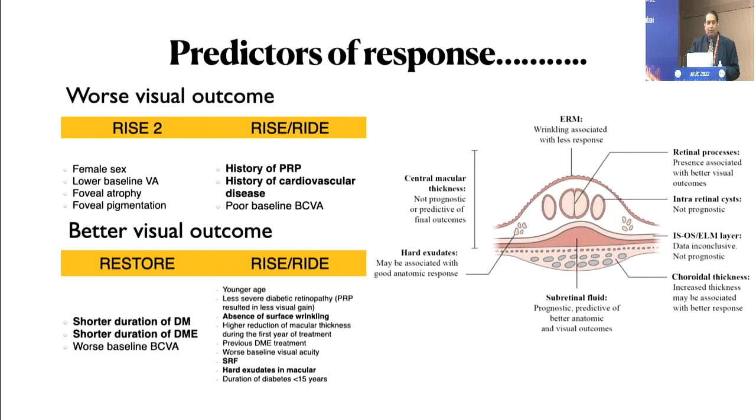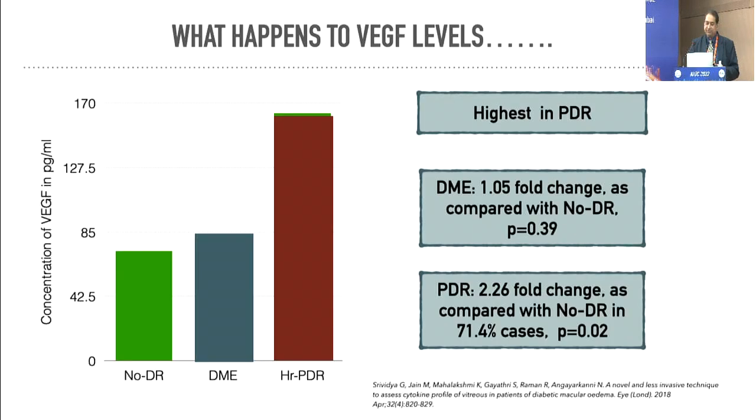All the clinical studies have also tried looking at what are the predictors of response. There are many of them. And now we also know a lot of biomarkers on OCT, as Dr. Atul was rightly mentioning. There are a lot of other morphological features, and many of them predict poor response to anti-VEGF.